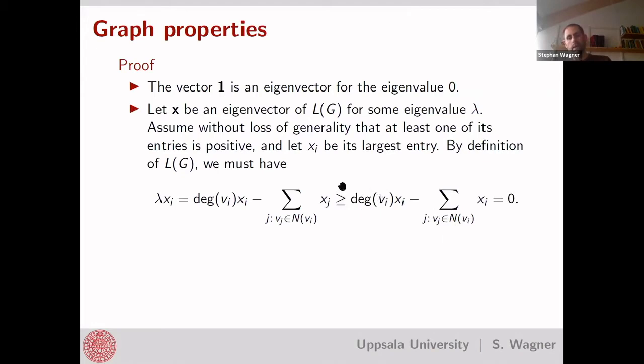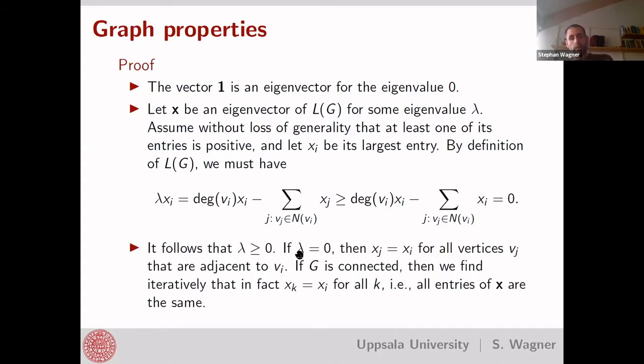So xi occurs exactly degree of vi times here in the sum, which means these terms cancel and I'm getting 0. So reading the inequality out, I've got lambda times xi greater than or equal to 0. And since xi was positive, I know that lambda cannot be negative. So all the eigenvalues are non-negative.